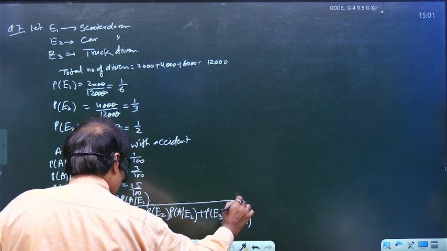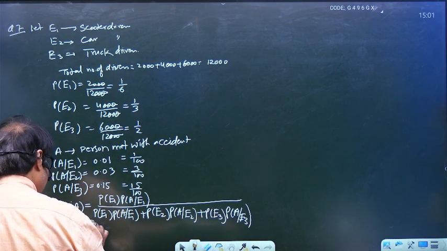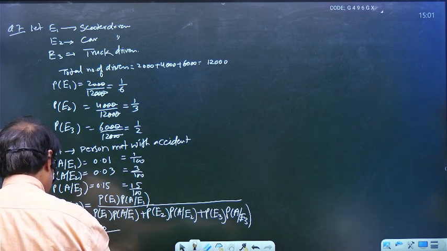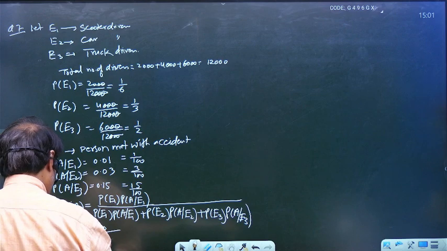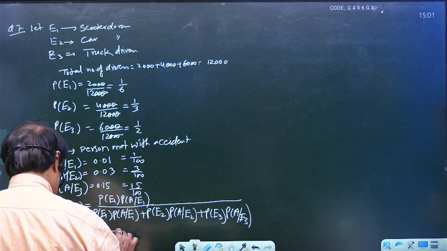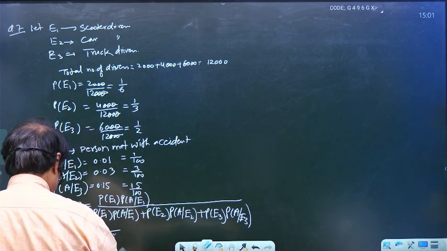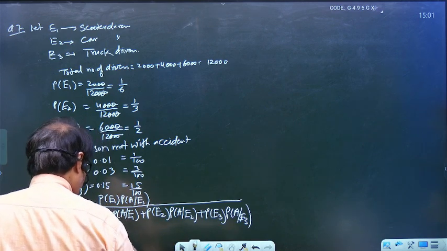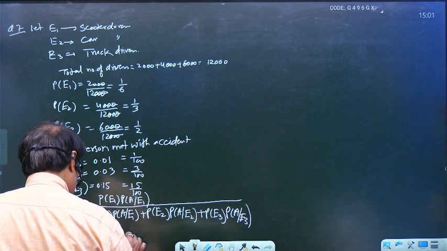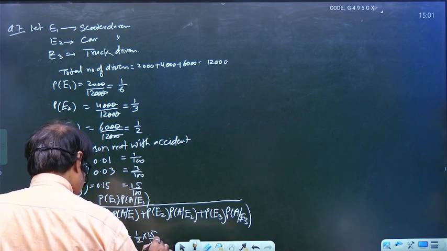Put all these values which we have already obtained. So this is 1 by 6 into 1 by 100 divided by 1 by 6 into 1 by 100 plus 1 by 3 into 3 by 100 plus 1 by 2 into 15 by 100.